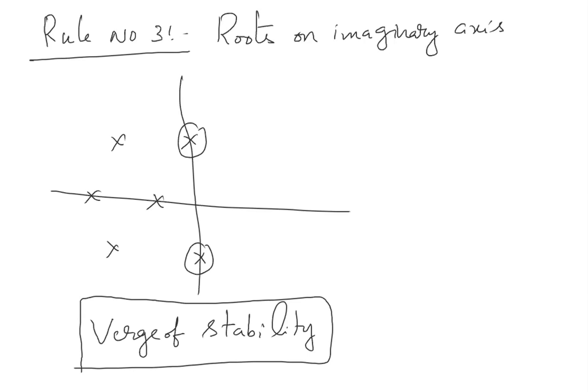Equidistant from origin, and all the other roots are on the left side of the imaginary axis, comma, all the elements of nth row will vanish.